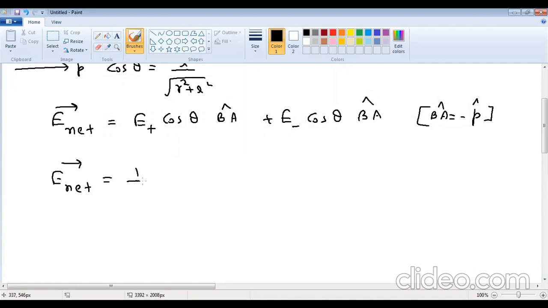What all are the common quantities there? We'll take them out. This is what is already common. And then we are left with double of cos theta. And now we are also left with the direction BA cap. Let us solve it further.